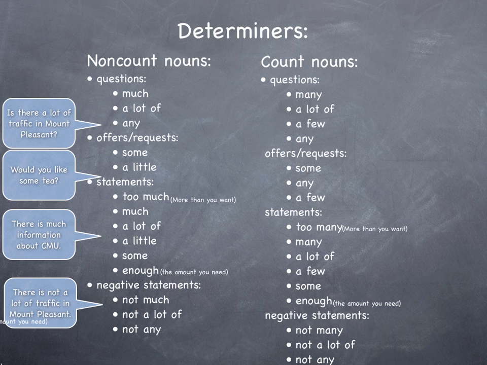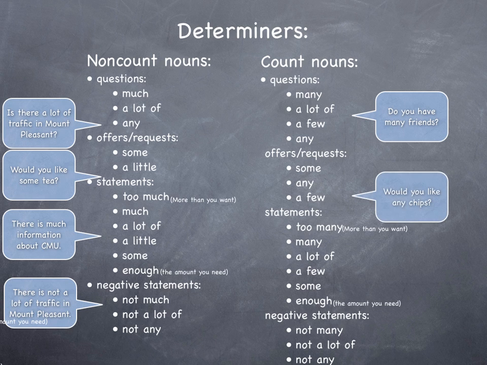Okay, so let's go over to the count nouns. To form questions with determiners and count nouns, we use many, a lot of, a few, and any. An example is, do you have many friends? For offers or requests, we use some, any, and a few. Would you like any chips?